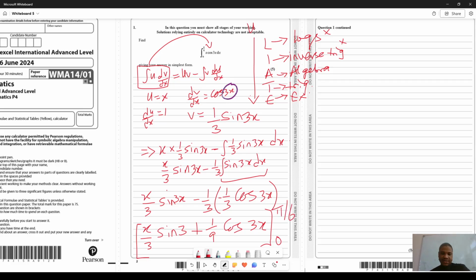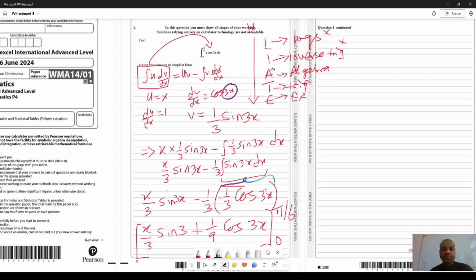Now always check your answer. Let's check only this part. If I differentiate cos, I get minus sine.